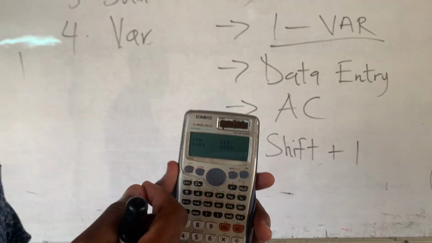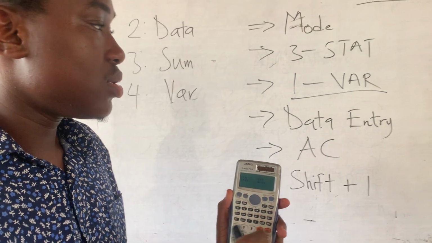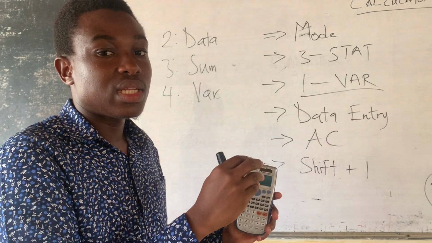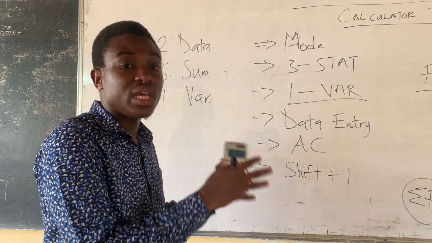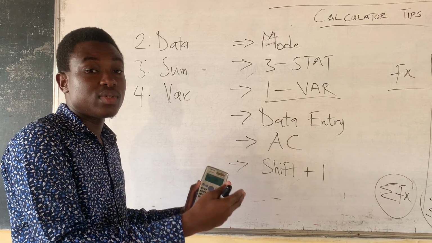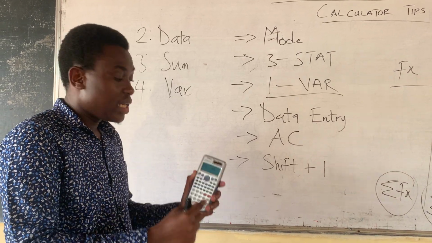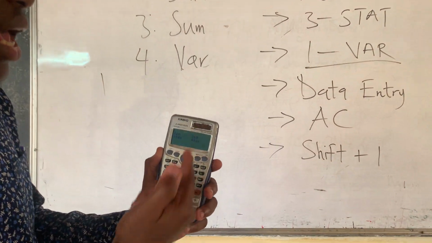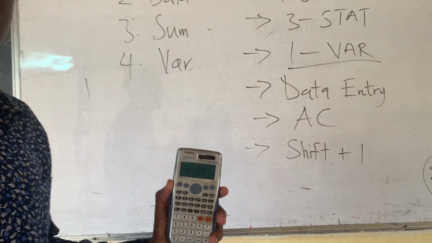The N over there is the sample size, or the size of the data, the number of entries that you made upon inputting your data on the calculator. The N gives you the total number of entries. And then there is the X bar, which is actually your mean.